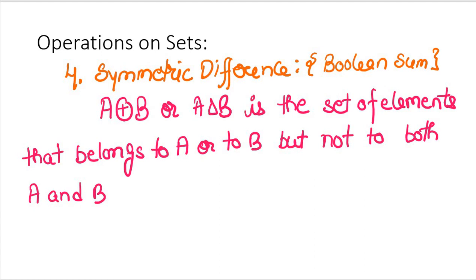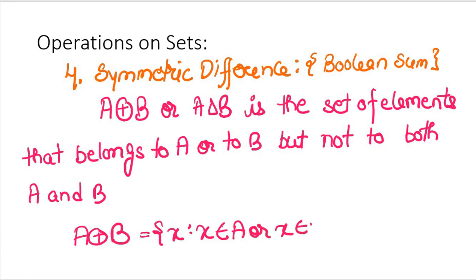So what we do is we write this in the format of A symmetric difference B, which is equal to X, where X exists in A or X exists in B, but not in both.